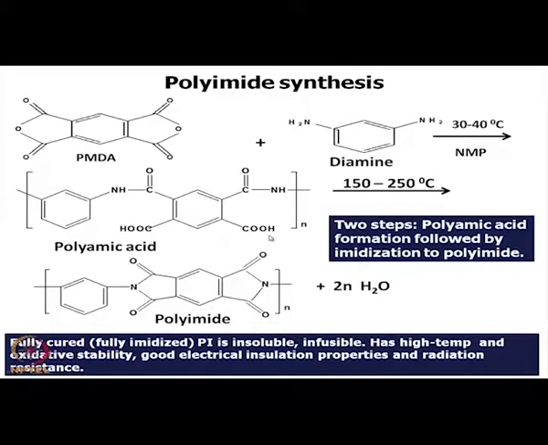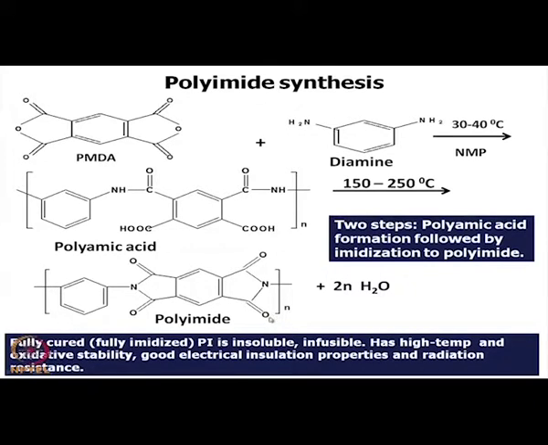Although polyamides are synthesized by melt polycondensation of a diamine and a diacid, the polyimides cannot be made by such a melt polycondensation process, because once some imide linkage is formed, actually this imide ring is formed, this imide ring containing polymer does not melt.